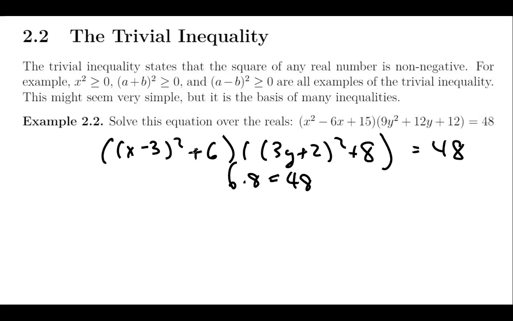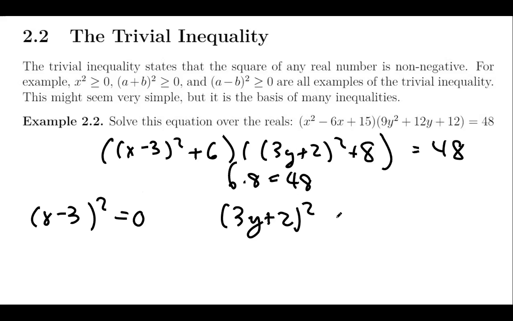Otherwise, the two factors would multiply to something that's greater than 48, and we don't want that. So that means we can now solve the two equations. (x minus 3) squared equals 0, and (3y plus 2) squared equals 0. And that means that the solution is x equals 3 and y equals negative 2 over 3. Okay, so that's one example.